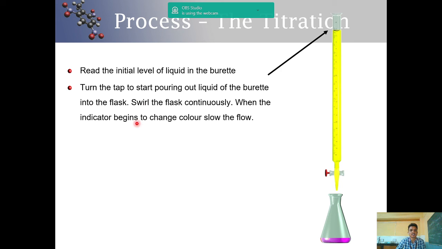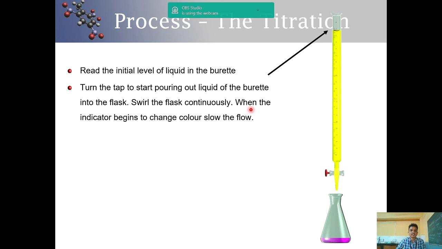After that, you have to pour this burette solution, the known concentration solution, into the unknown concentration solution, and continuously shake that conical flask.